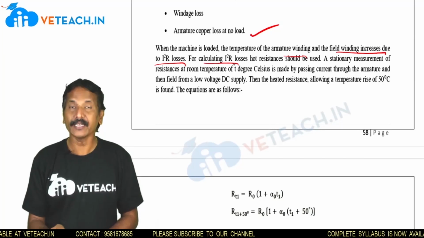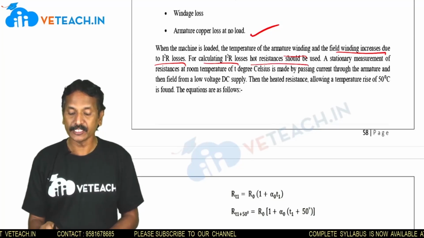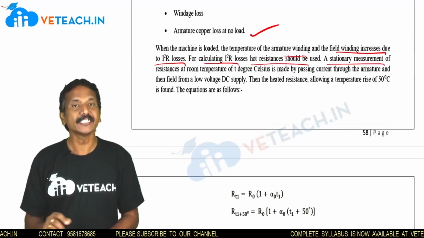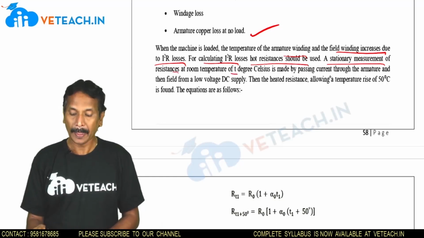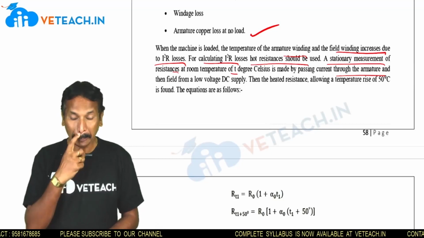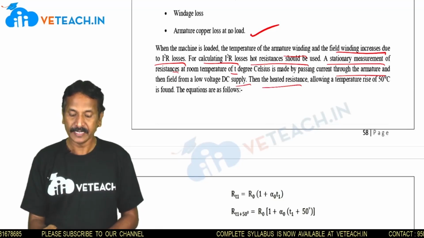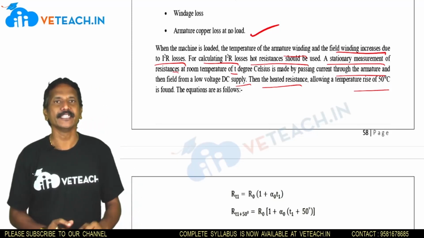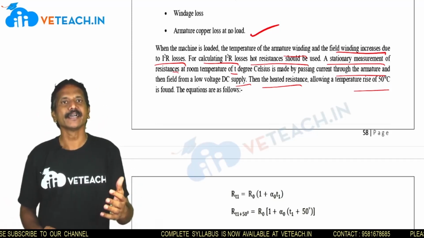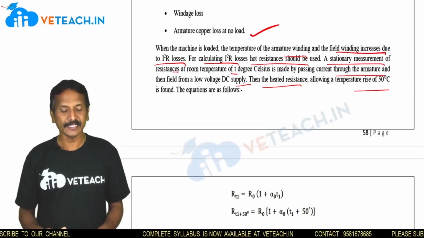For calculating the I square R losses, the hot resistance should be used. We measure the resistance at room temperature T degrees for the armature and field at low voltage DC supply, then find the hot resistance by allowing the temperature to rise to 50 degrees. Initially the temperature is T degrees, increasing to 50 degrees centigrade.